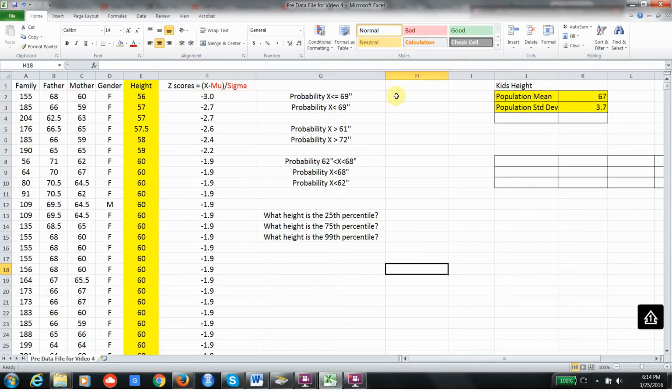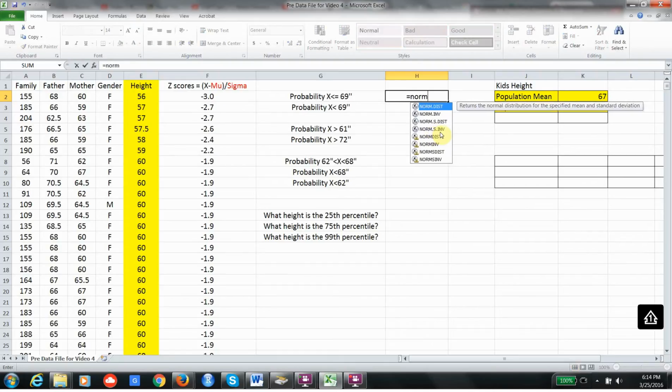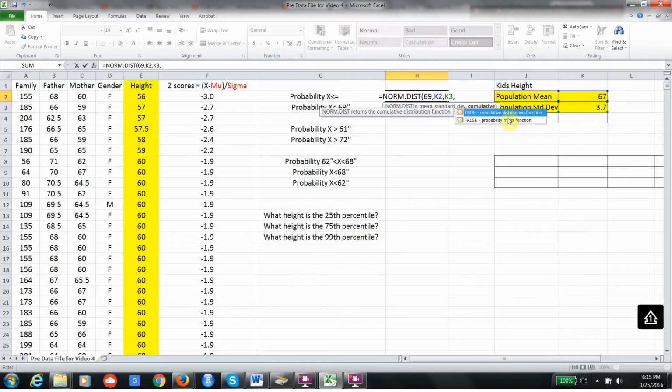Let's compute some probabilities. So the probability that a randomly chosen data value is less than or equal to 69, I'm going to use norm.dist, right? Because I really want the percentile. This is what a percentile is. So I'm going to put 69 in here. The height, the population standard deviation, and I want the cumulative.